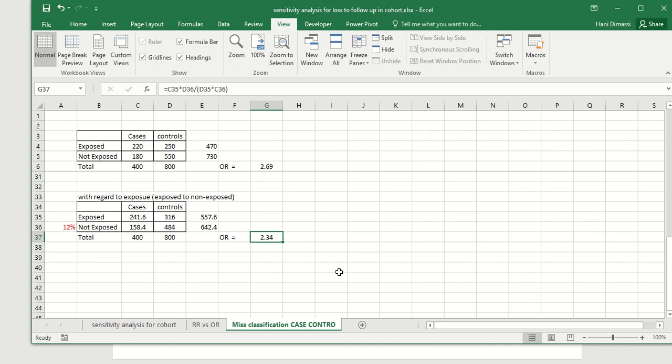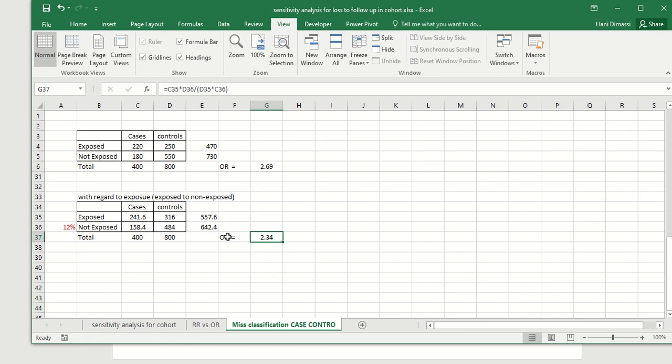It means if you find an association, that association will still stand if you remove the misclassification. So for example, in this example, if I run this study and the odds ratio came out 2.34 and someone told me you're doing misclassification, my answer would be okay, but my misclassification was non-differential, meaning that if I was able somehow to fix my misclassification, my odds ratio would actually be stronger.